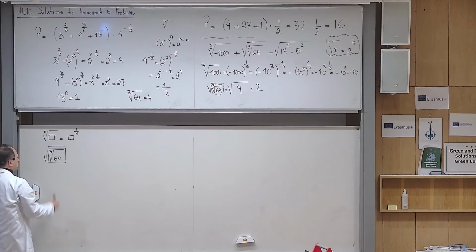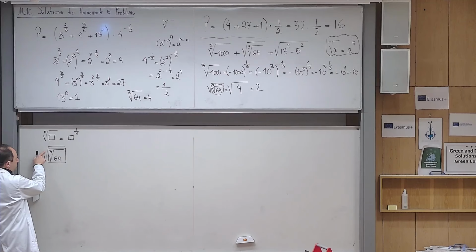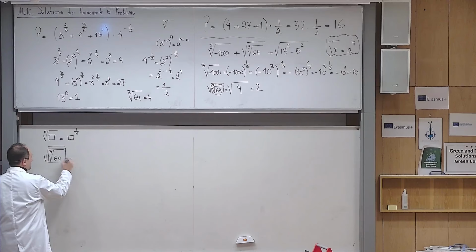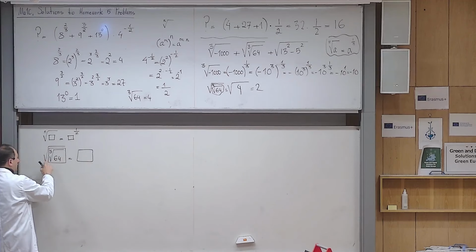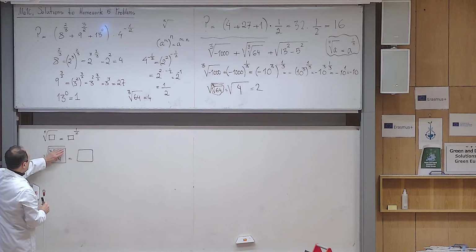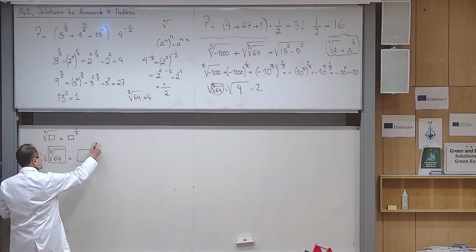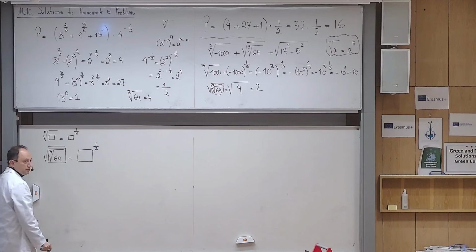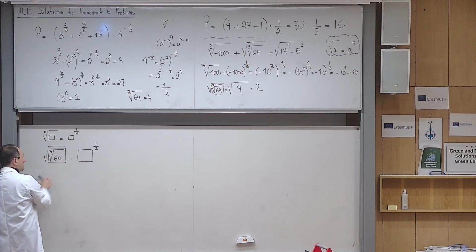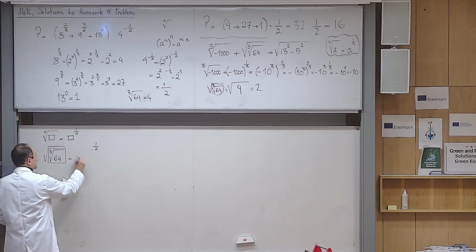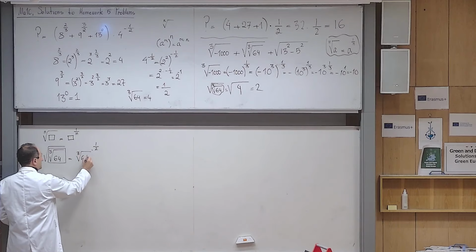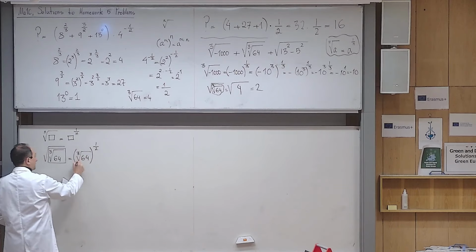So what can I write? This number is not written, by convention it is 2. So don't look inside. If you don't look inside, you see a square root of a box. I told you that this means it is 2. So I have to write box to power 1 half. Yes? But what is box? Box itself is the third root of 64. This is the way you have to think.